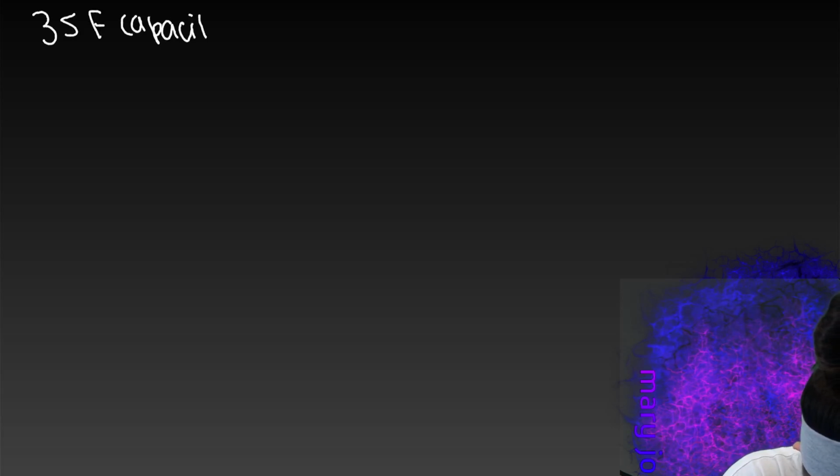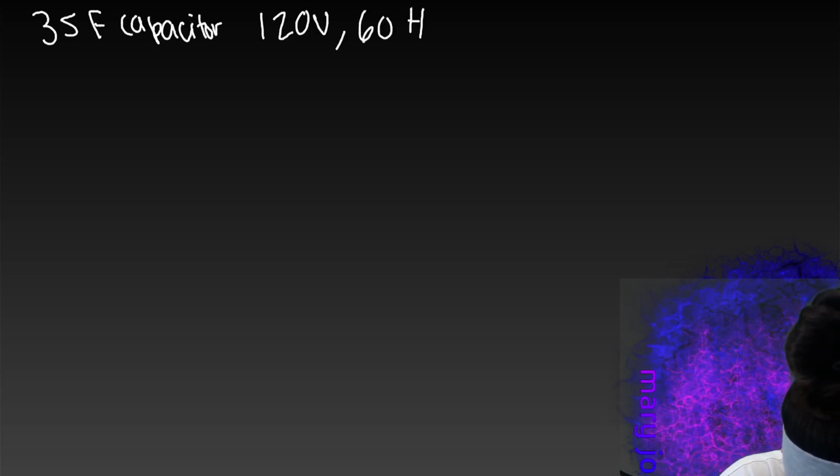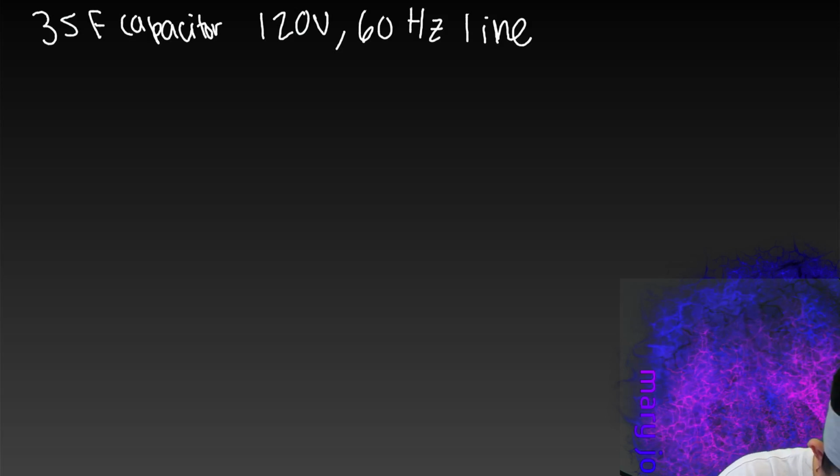So let's work out an example of one of those problems. If we had a 35 microfarad capacitor, and it is connected to a 120 volt 60 hertz line, how much current?